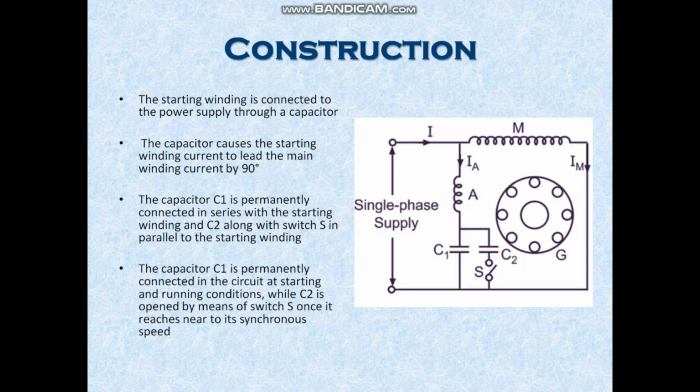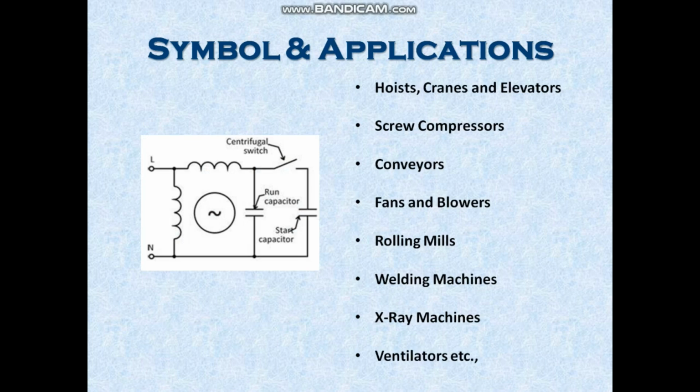The capacitor C1 is permanently connected in the circuit at starting and running conditions, while C2 is opened by means of a switch S once it reaches near its synchronous speed. The symbol used to represent the split-phase squirrel cage induction motor capacitor start and run type is shown in the figure.